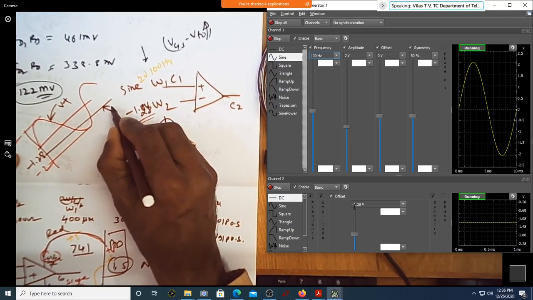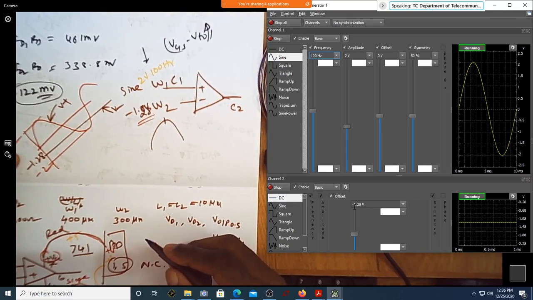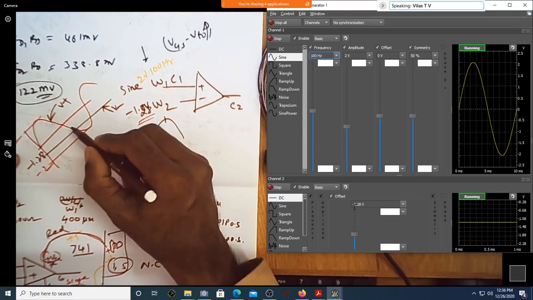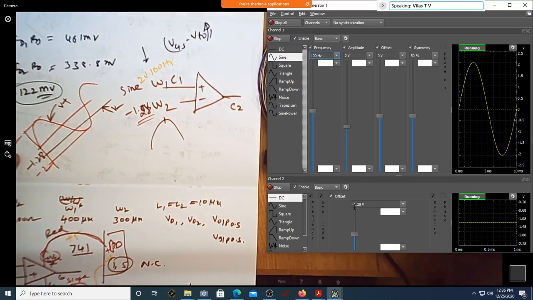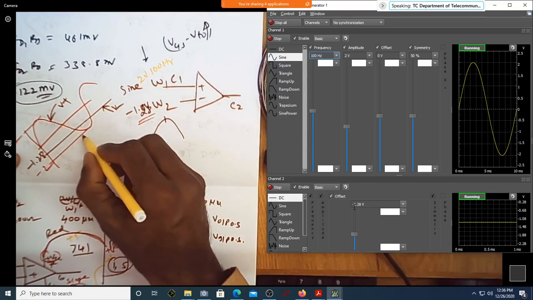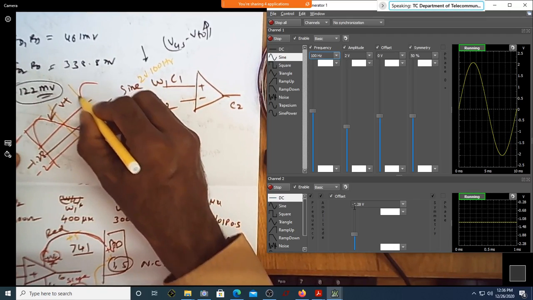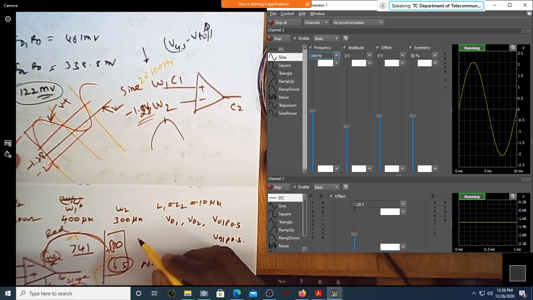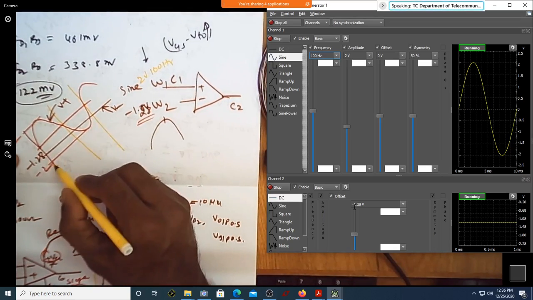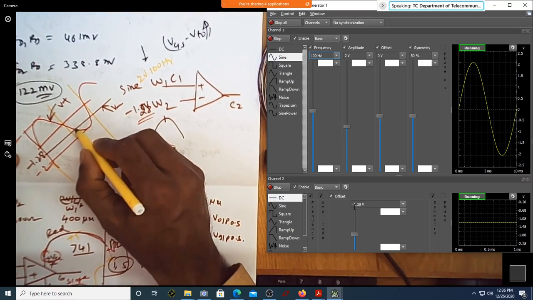Is this V minus? For any region, can I make a demarcation where it is crossing that minus 1.28? Correct? Sorry, this is minus 1.28.